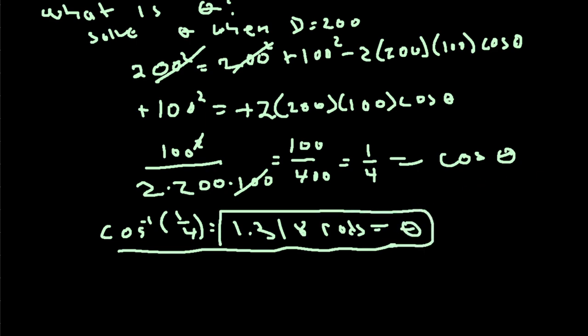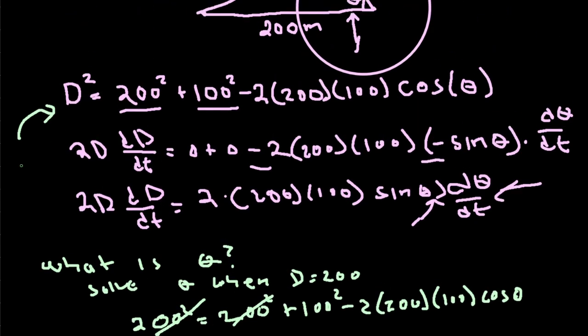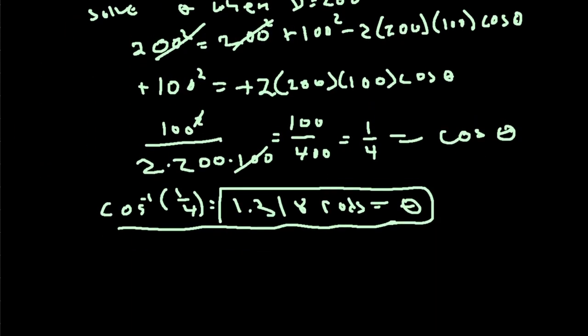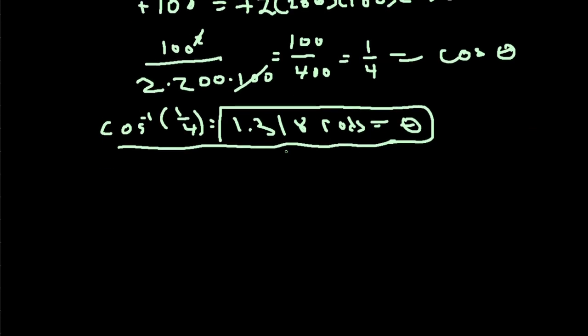And now that we have theta, we can find the next step, which I'm going to start using a light blue. We want to find out what d theta dt is. We're going to need another equation for this. And we can use the fact that the arc length is equal to r theta.